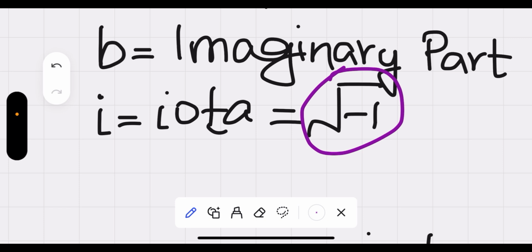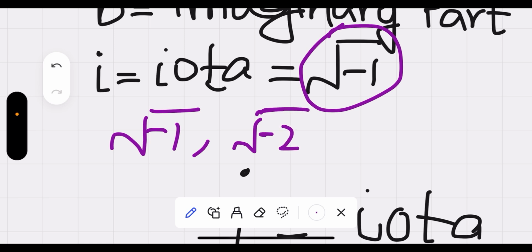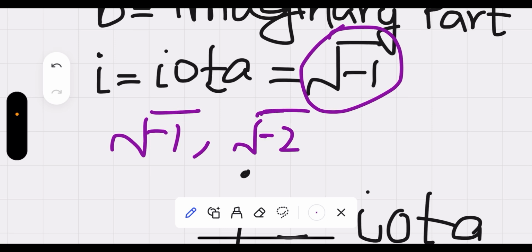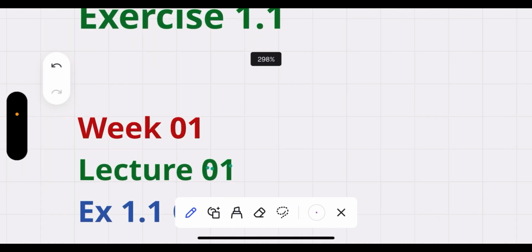We are unable to solve this with calculators because a calculator deals only with real numbers. Whatever answer is beyond real numbers, the calculator gives undefined or math error. If you put square root of -1 or square root of -2, any square root of a negative number, your calculator will give math error. So these numbers are beyond real numbers, we call them complex numbers. The complex numbers are a bigger set than real numbers.